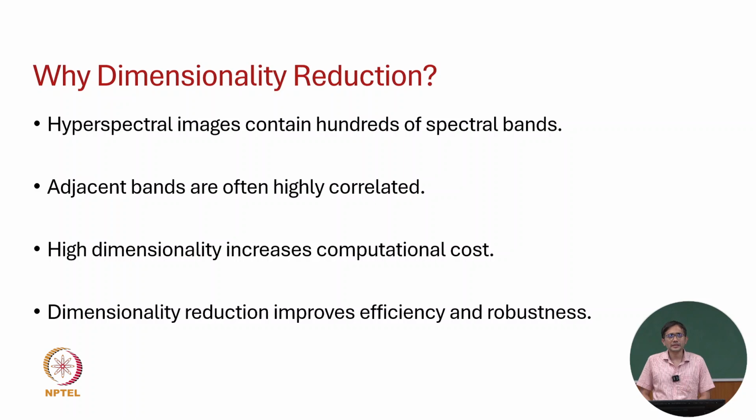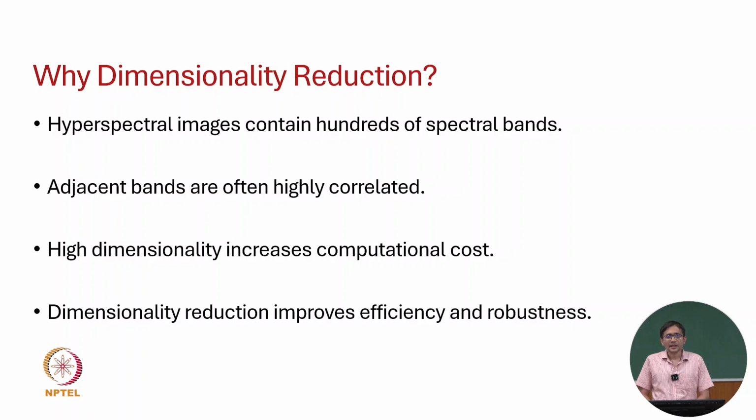Let us briefly recall again. The hyperspectral images, in contrast to the multispectral images, contain hundreds of spectral bands, and this, in a way, is both advantage as well as disadvantage.